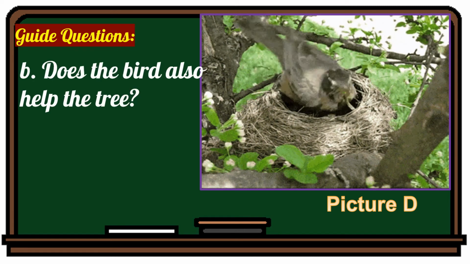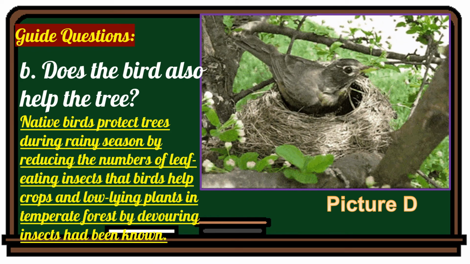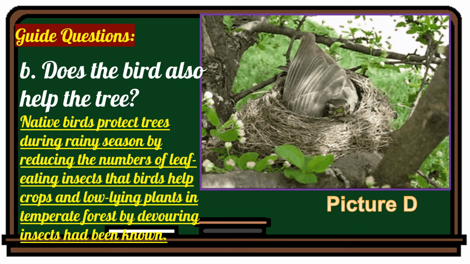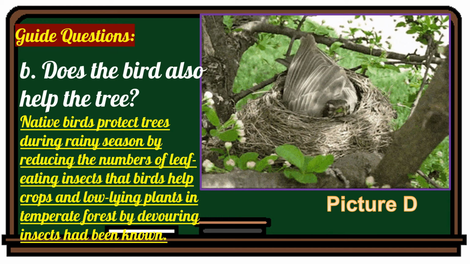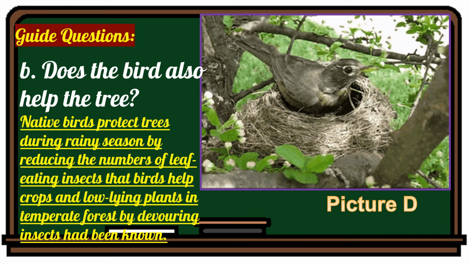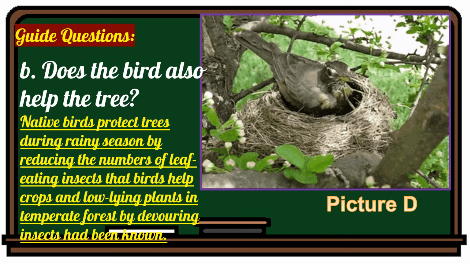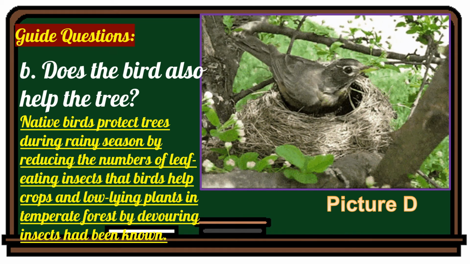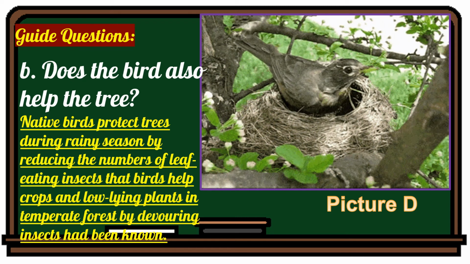For letter B, does the bird also help the tree? Native birds protect trees during the rainy season by reducing the numbers of leaf-eating insects. Birds help crops and low-lying plants in temperate forests by devouring insects, as had been known.